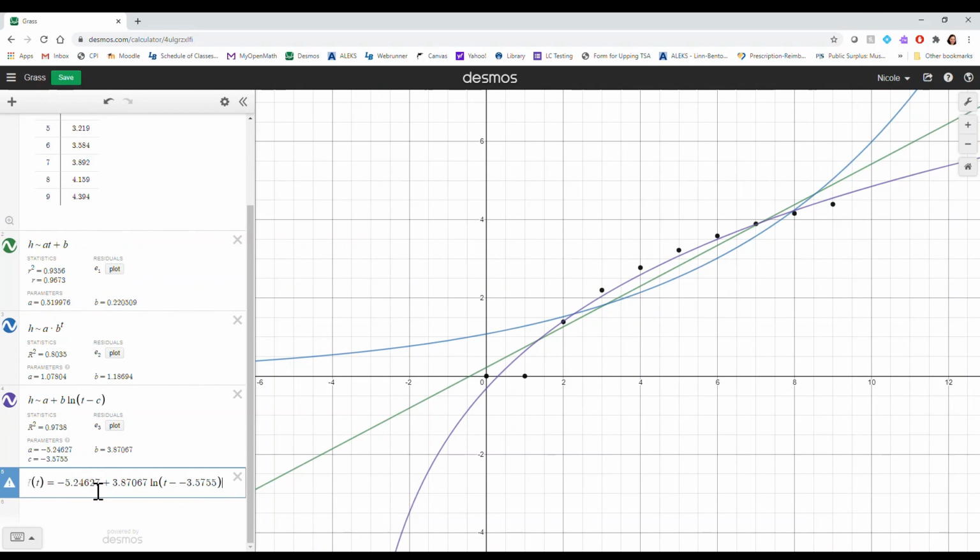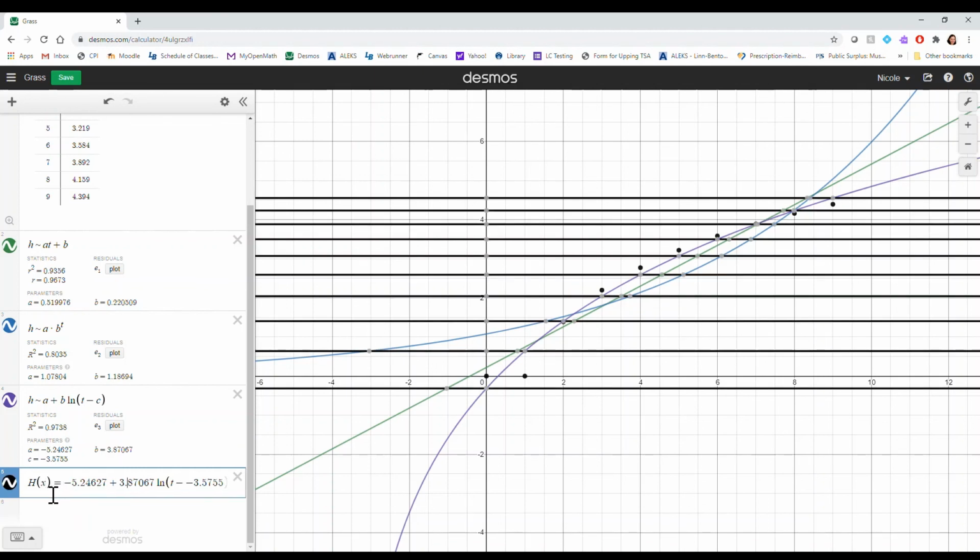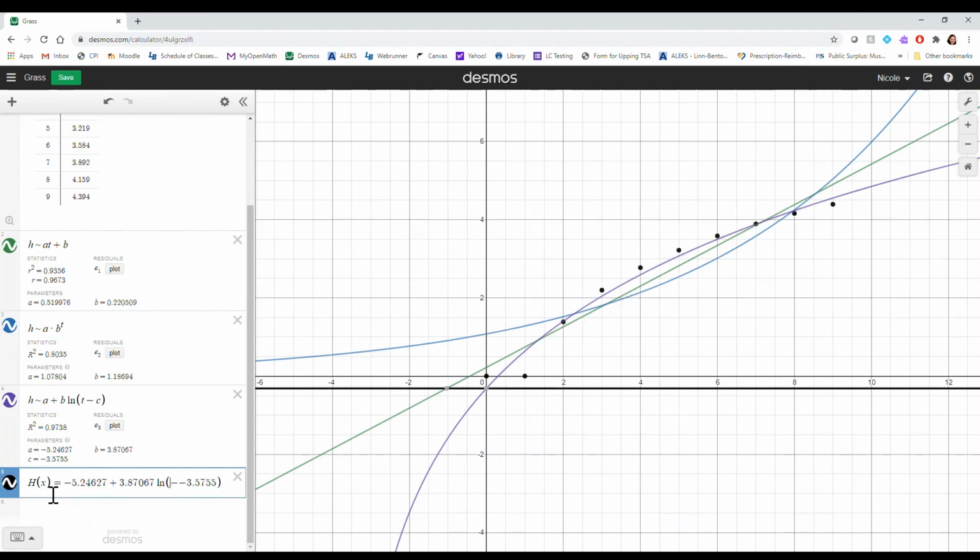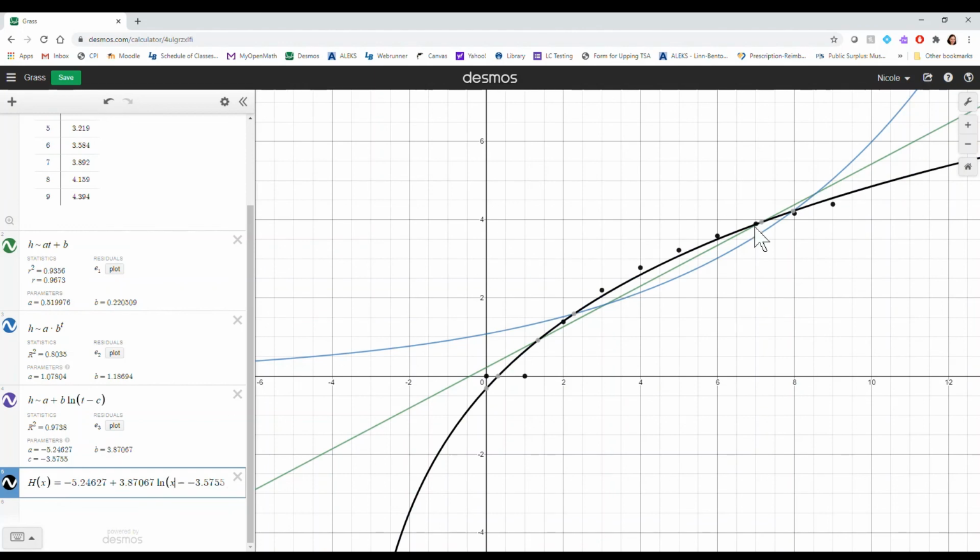Why is it not liking this, I wonder? Oh, it doesn't like me to use t. Let's just use x, fine. There we go. All right, so this nice black one is just over-running this purple model.